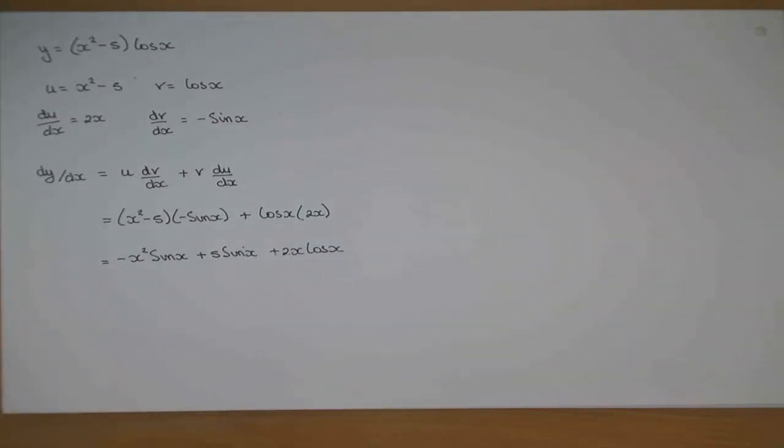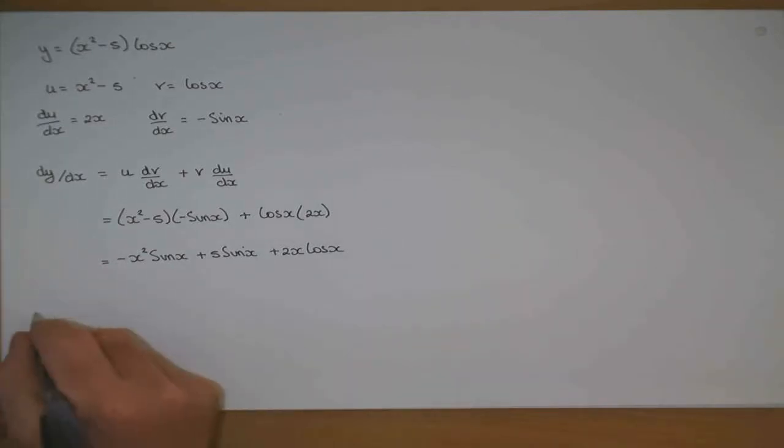So we use the product rule when we have a function in x multiplied by another function in x, if it's not possible to multiply them out, or if it's too much work to multiply them out.